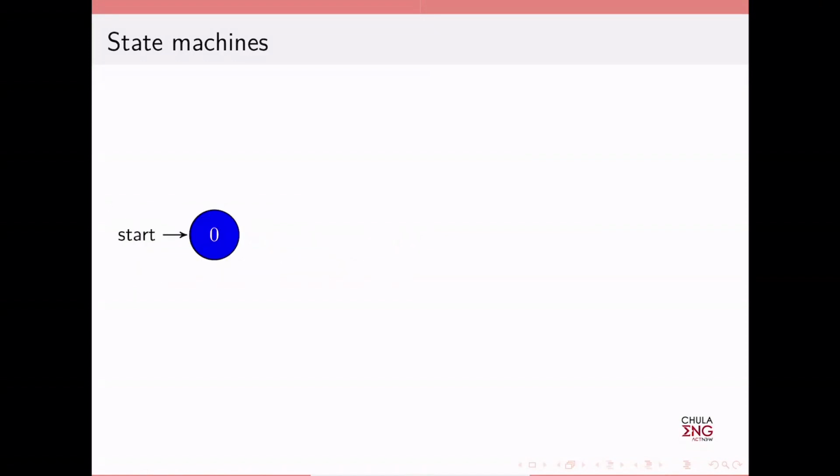We start by drawing the first state, right? So nothing has happened yet. So we start at 0. And we want the output to be 1 if A is 1 for 3 cycles. So it has to have more than 3 states, right? It has to count whether A is 1 yet.